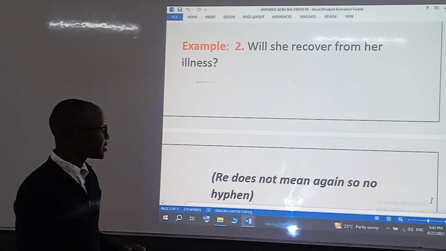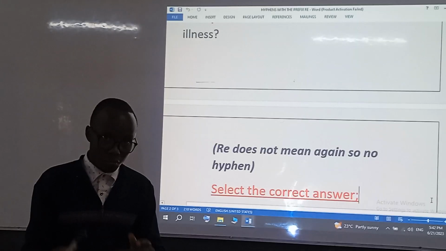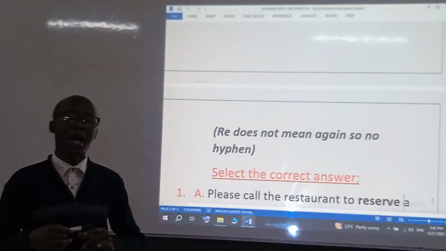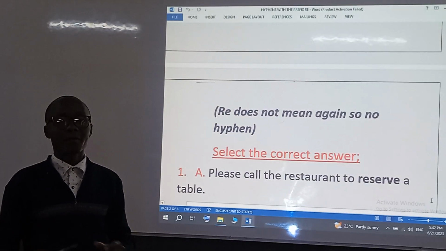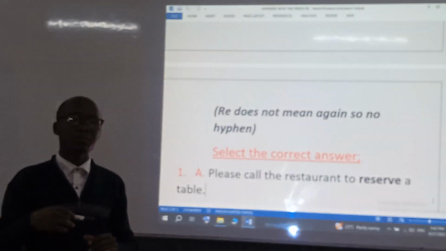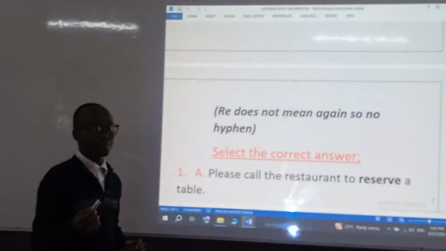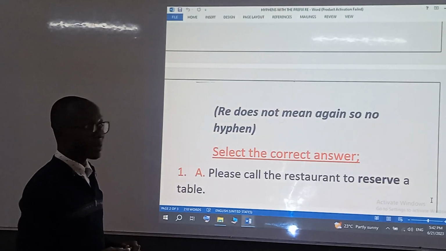So we do not need a hyphen in a sentence where the meaning is not again. But in a sentence, just as we see in example 1, where it means redoing an action, then we will be required to hyphenate.